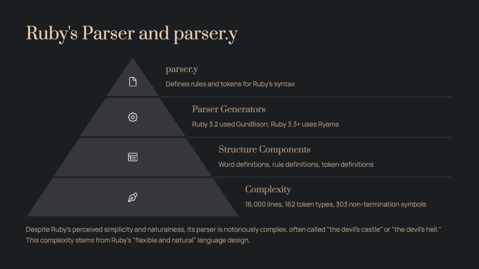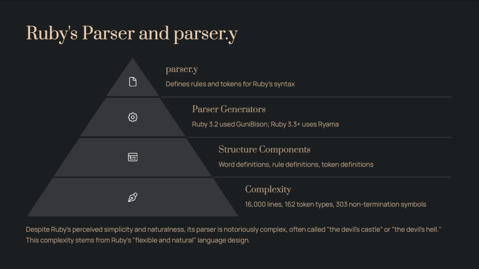And the source gives us a pretty stark number for this complexity. The current parser.y is roughly 16,000 lines long. Wow, 16,000 lines just defining what valid Ruby code looks like. Yeah, just the rules. And he contrasts this with the number of distinct symbols, which isn't actually that huge comparatively. Like 162 terminal symbols, the basic bits, and 303 non-terminal symbols, the rule names.